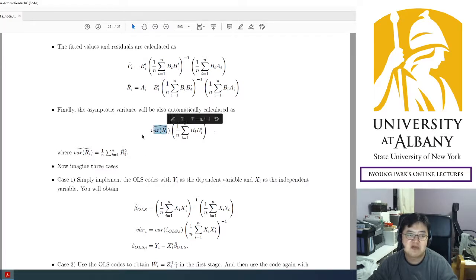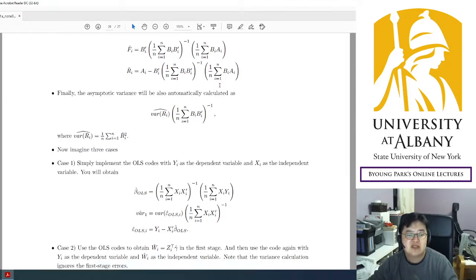Sigma squared is calculated using the sum of squared residuals, and the expectation of x prime x is simply the sample average of the regressors, then take the inverse. This is what the program could calculate for you.